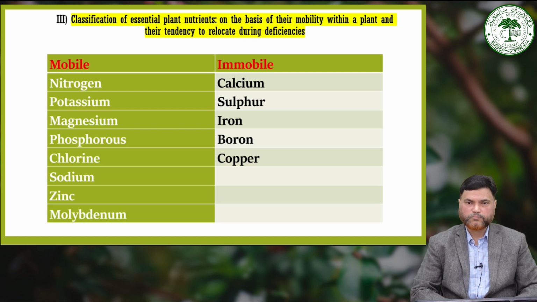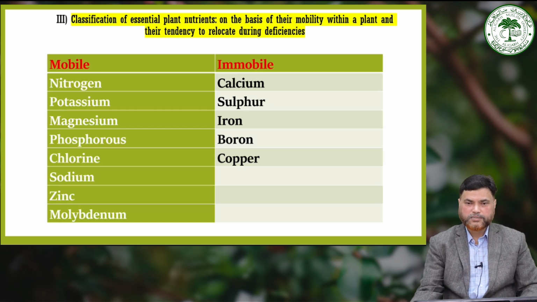This mobility enables the plant to prioritize the allocation of nutrients, ensuring the essential functions are maintained even under varying environmental conditions. So the deficiency symptoms appear first in older leaves when nutrient reserves are depleted to support the growth and development of new tissues.